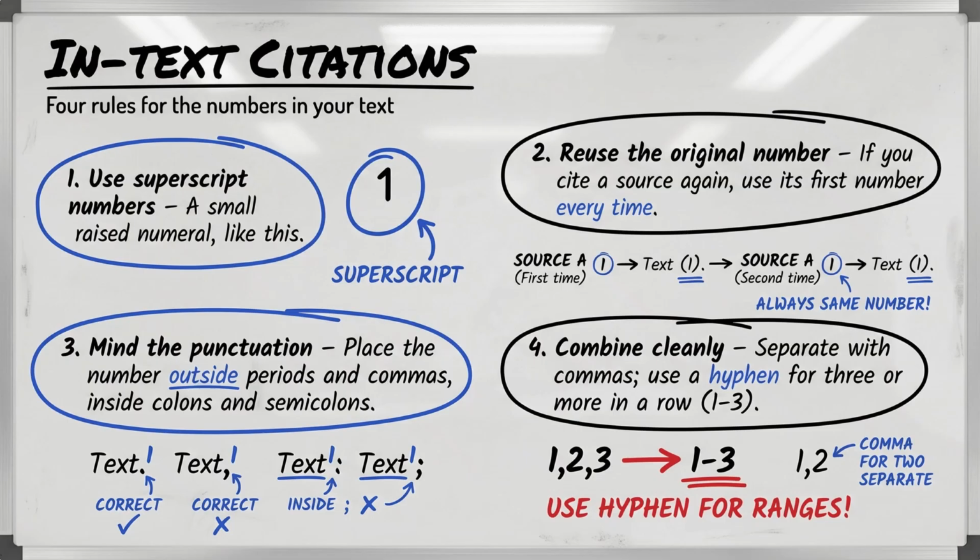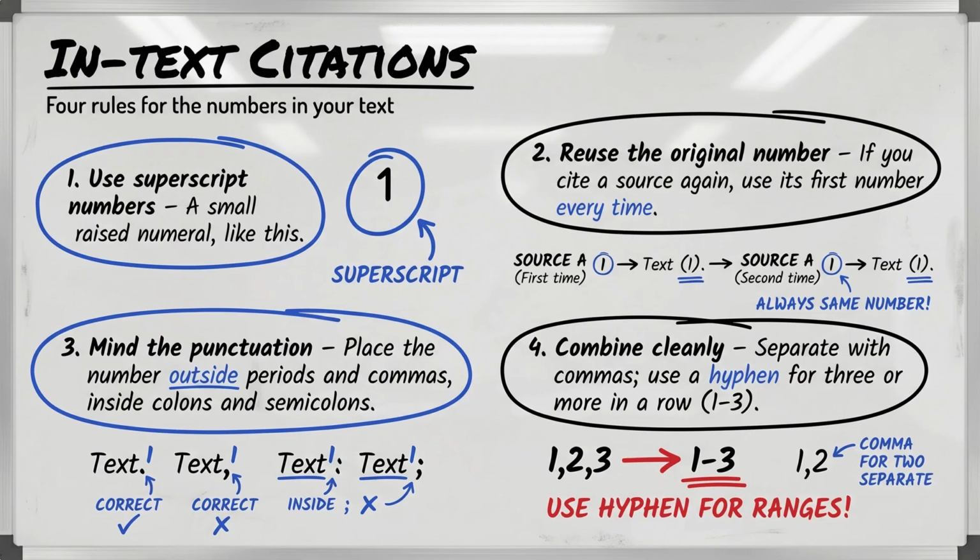Now that we understand AMA uses a numbered system, let's get into the specifics of how those numbers appear in your writing. Here are 4 quick rules for in-text citations. First, the number is a superscript, a small raised numeral. Second, reuse. If you cite source 1 again on page 5, it is still number 1, never a new number. Third, placement.